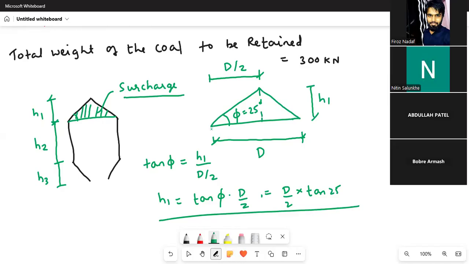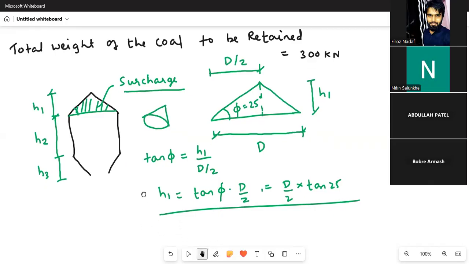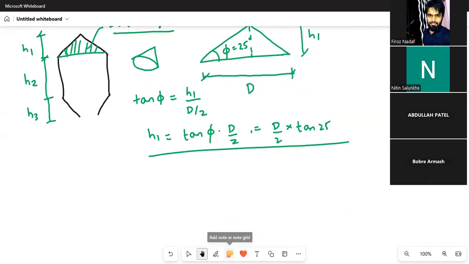And this is just like a cone. If you see the surcharge, if you want to find the volume of the surcharge, it is just like a cone. If I draw in 3D, it will be like this. It is just like a conical shape. And from the geometry, how to find the volume of a conical shape?